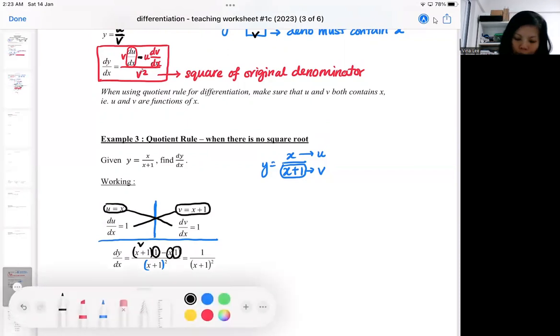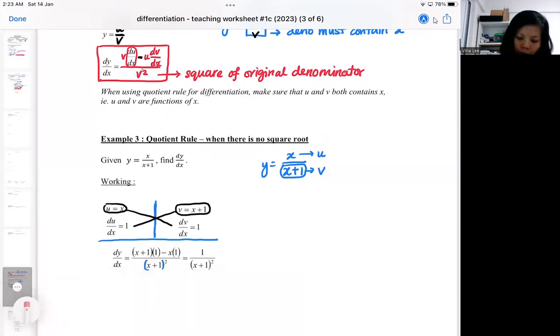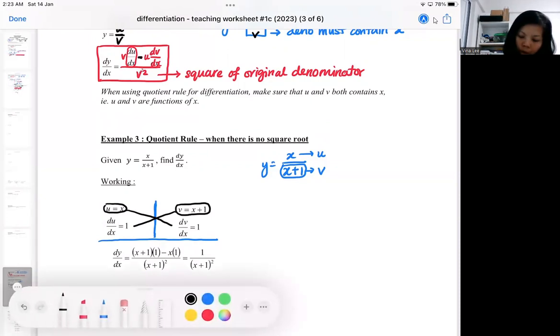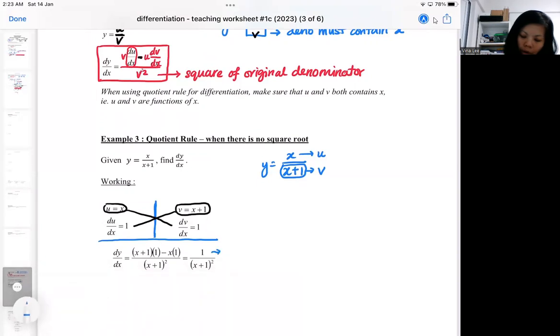Once your mini differentiation is done, you are plugging into the huge formula. But if you look, it's actually quite easy. You just have to expand out. If you expand out, you got x plus 1 minus x. That's how I got the 1. If you realize, it's actually much, much easier.